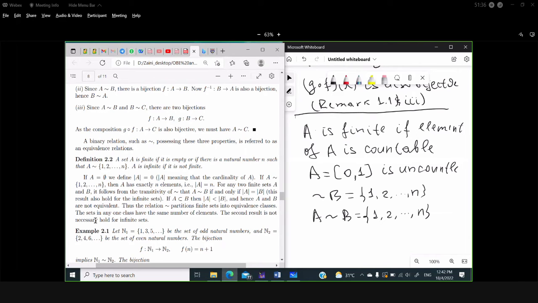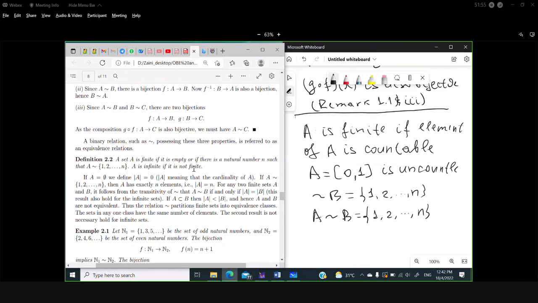So what can we say about this set after knowing the definition? The cardinal number, the cardinality of A. A is infinite if it is not finite. This is a short definition.